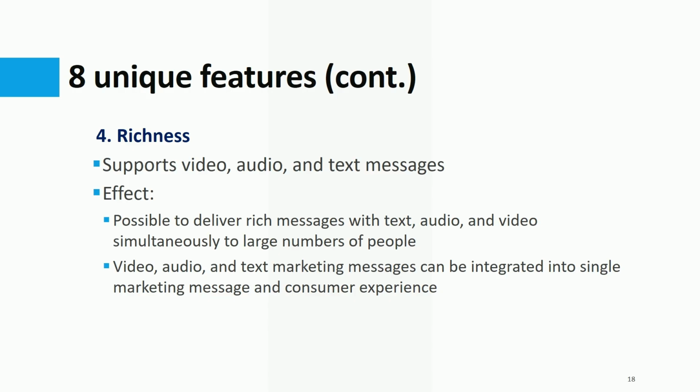Before the internet, reaching a big audience meant losing richness in the message. But now, the web lets us send rich messages with text, audio and video to lots of people at the same time. So this is what we call richness, because e-commerce supports video, audio, and text messages.